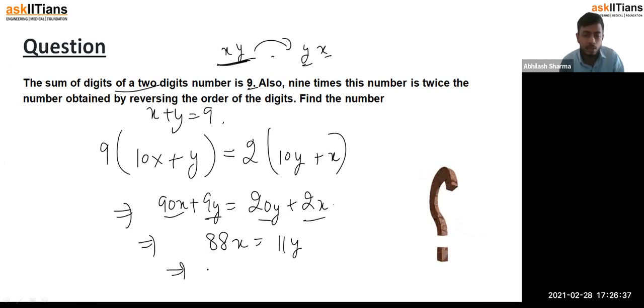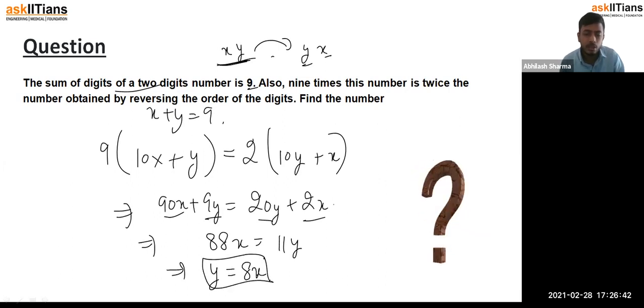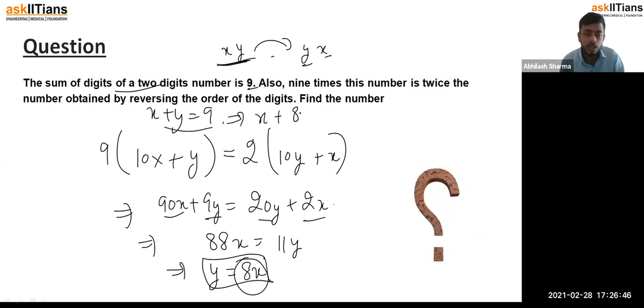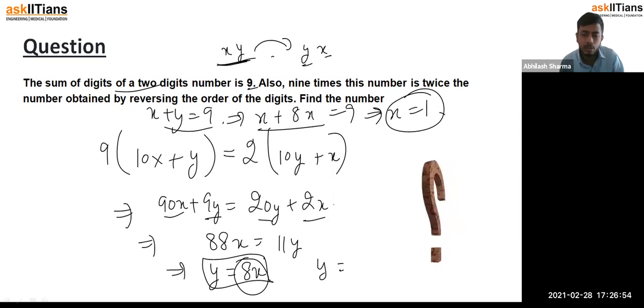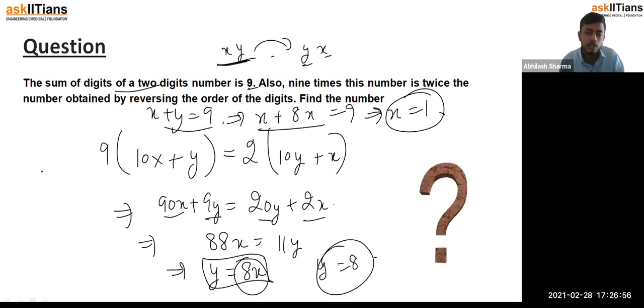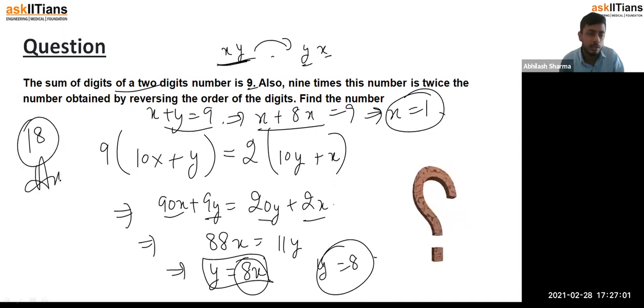On cancelling by 11, we are getting y is equal to 8x. Now substitute this value in this equation. We are getting x plus 8x is equal to 9, so 9x is equal to 9 and x comes out to be 1. So x is 1 and y will be equal to 8. So the number that we are getting is 18, the correct answer.